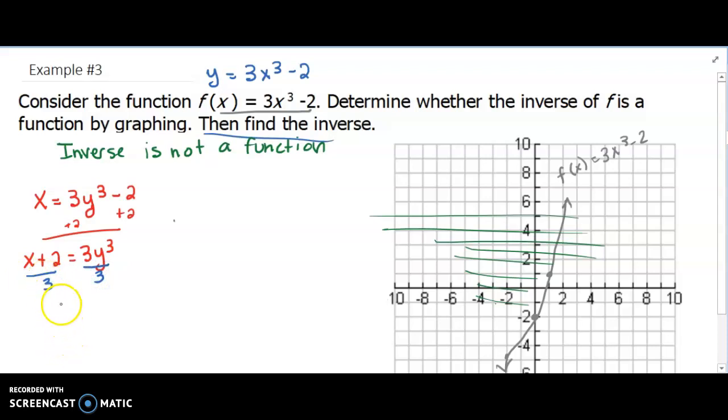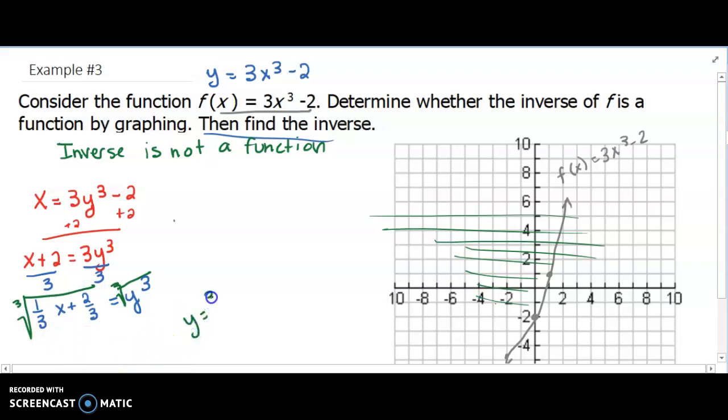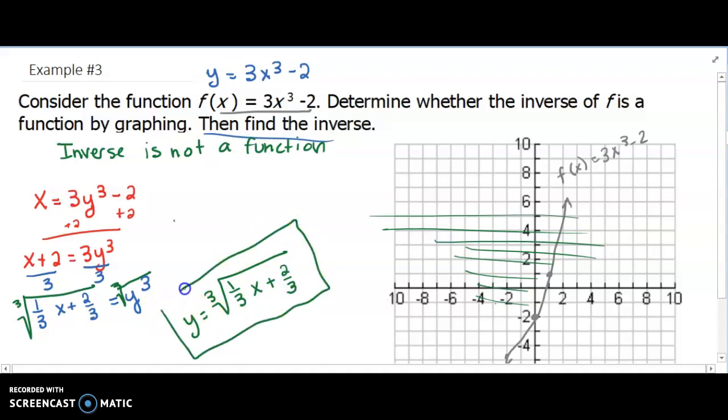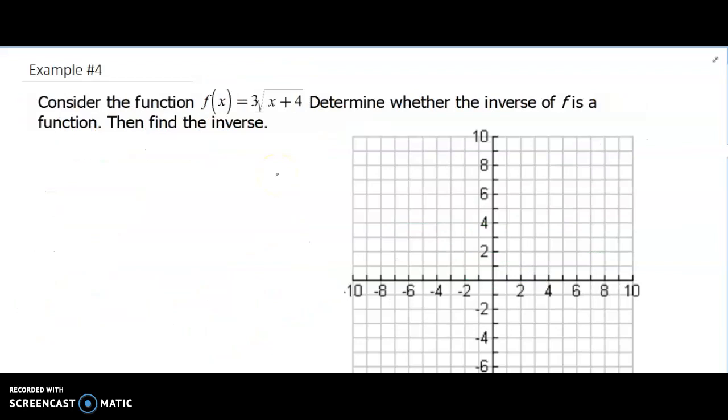I get 1/3 x plus 2/3 is equal to y cubed. And then in order to get rid of the y cubed, you have to cube root it. Okay, so our y would be the cube root of 1/3 x plus 2/3, and that would be our inverse right there.